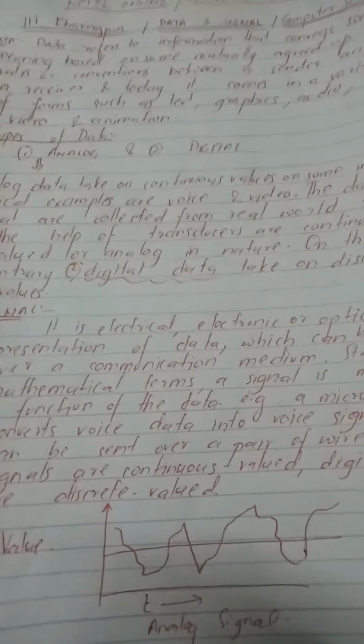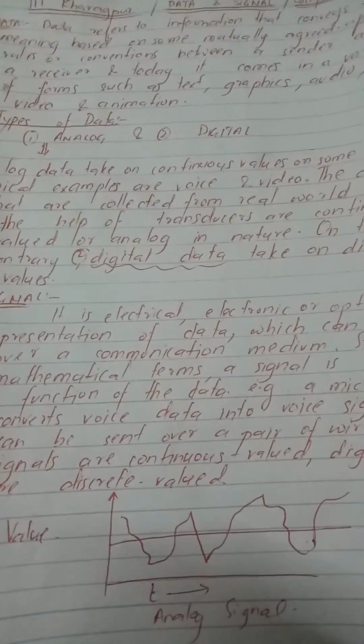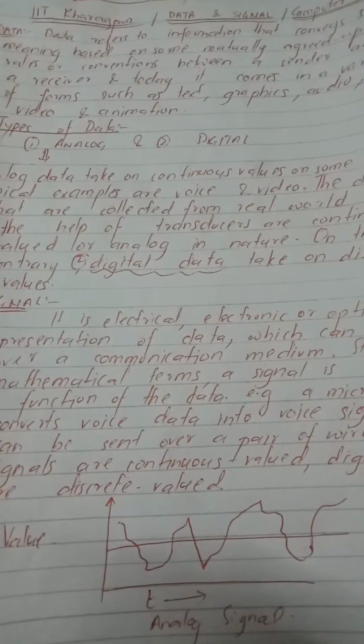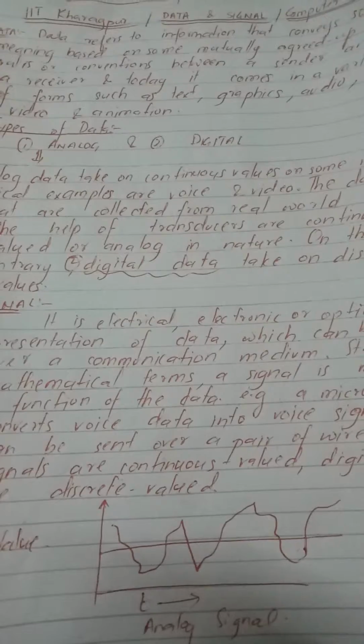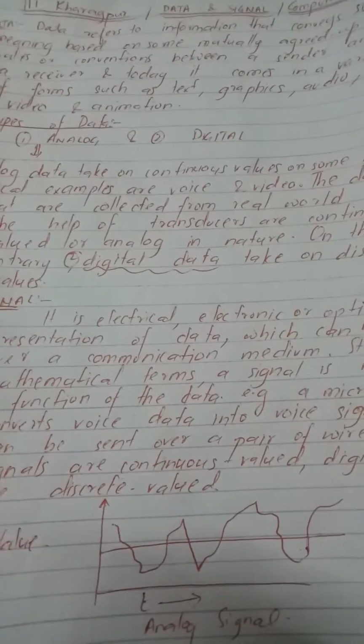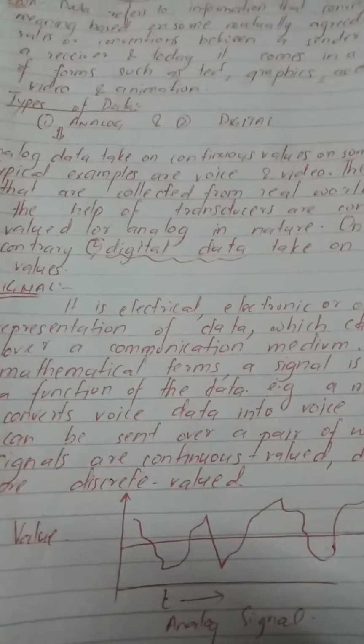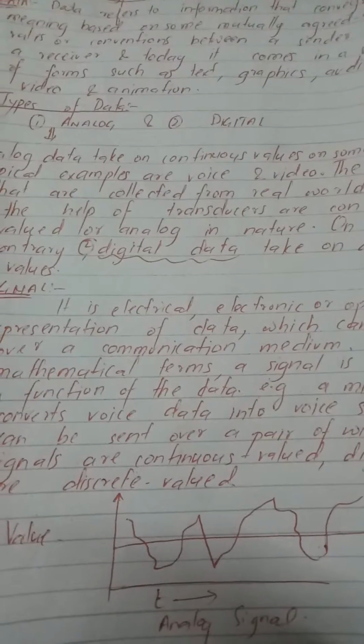So this form is normally analog data, which is continuous valued, and with the help of signaling and the communication medium, it has been transmitted as well. So this is how we can explain this small bit of the concept, especially applied to our own videos, or obviously the YouTube concept.